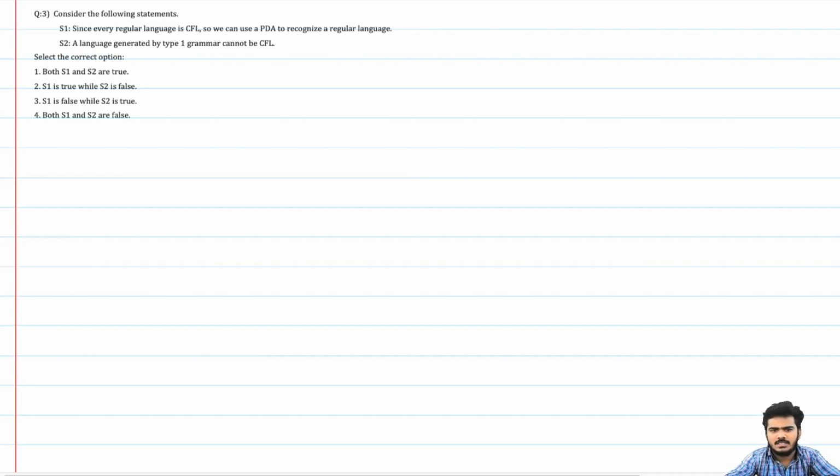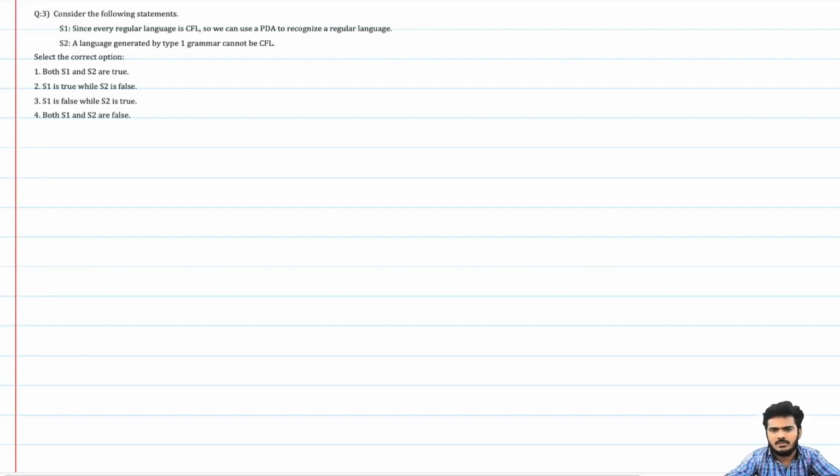So we can say that every CFL language is a CSL language, because every CFL language will be accepted by linear bounded automata. So we can say that a context sensitive grammar can generate context free language, but reverse is not true.